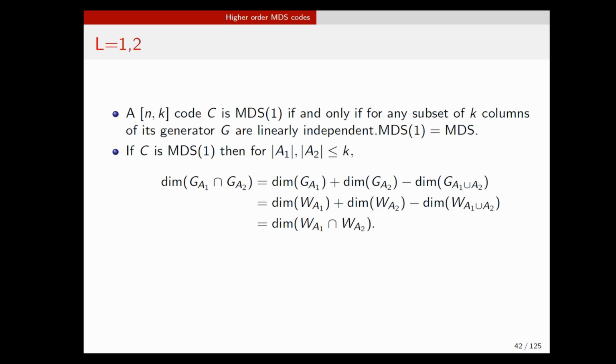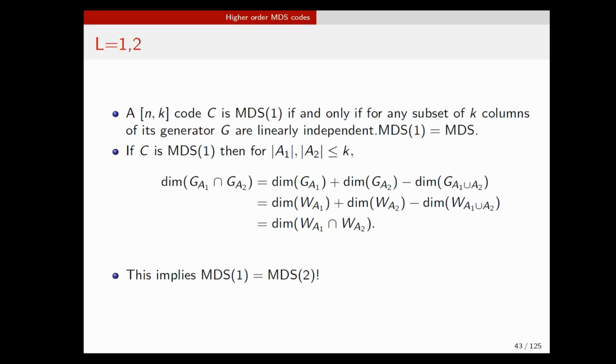Because things are MDS1, this is equal to the dimension of WA1, this is equal to the dimension of WA2, and this is equal to the dimension of WA1 union A2. And again, I use the inclusion-exclusion property, so this is the dimension of WA1 intersection WA2. So this is basically saying that MDS1 and MDS2 are the same property. Okay, so that's pretty surprising.